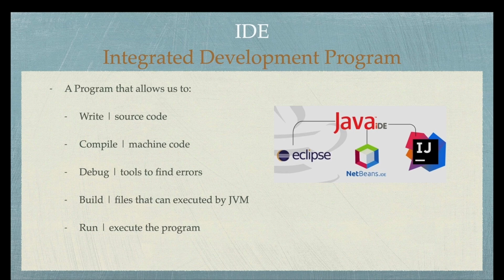So an IDE is basically an editor, just like a notepad, which helps you first write your code, right? And it also has features which will compile your code automatically, right? And while developing, if you face any errors and you want to find out where the error occurs in your program, it also has a tool called the debug tool, which helps you debug the code and find the error. It also builds your code and executes the program via the run tools.